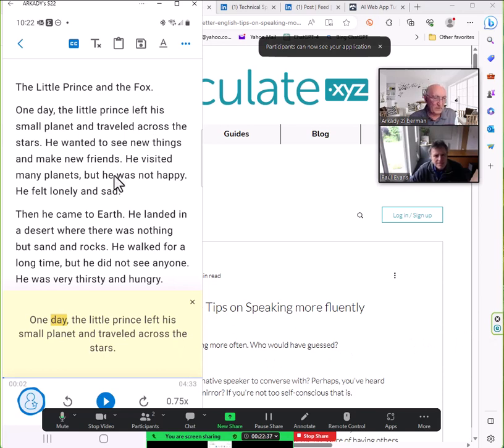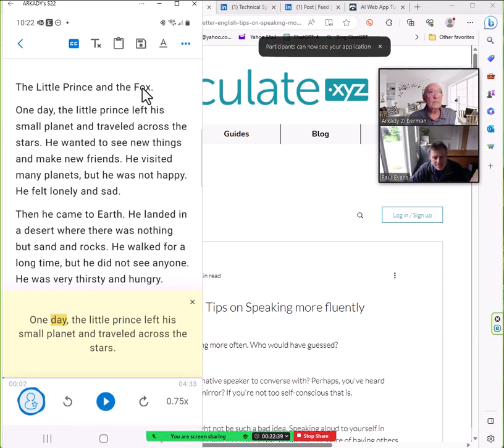Do you hear this lesson? I can see it. Yes, the Little Prince and the Fox. Exactly. I have created this lesson for a beginner English learner whose native language is French.